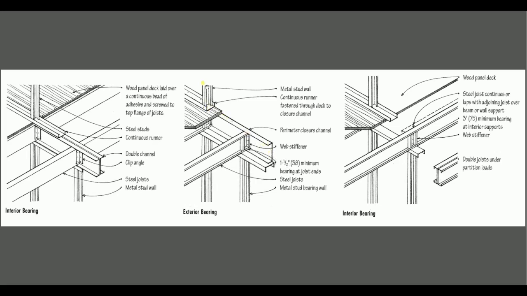This is a typical section here. And there's another typical section here for internal bearing. So in comparison with the wood stud framing, we can see the light gauge steel framing is simple, and it's easy to install on site and DIY.